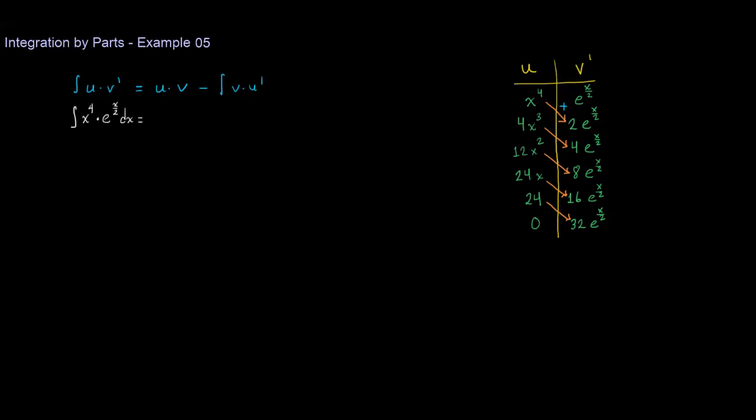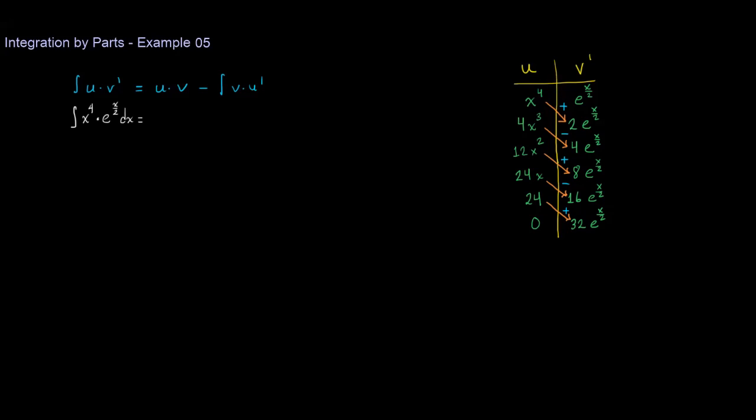Now the second one, considering this negative sign, is going to be a negative one. The third one is going to be a positive one. Then a negative one, and then a positive one. There it is.